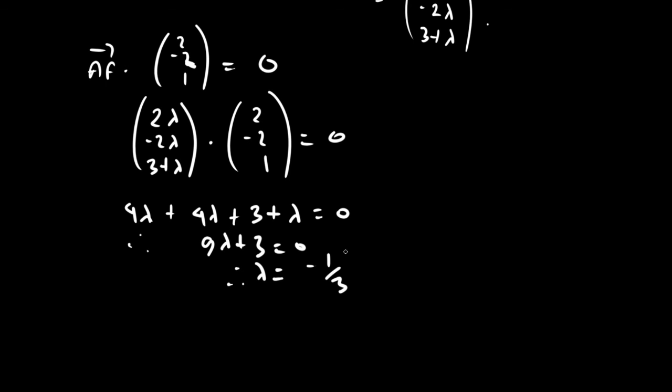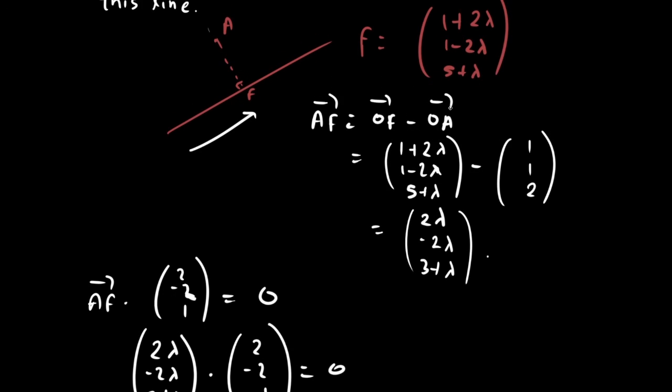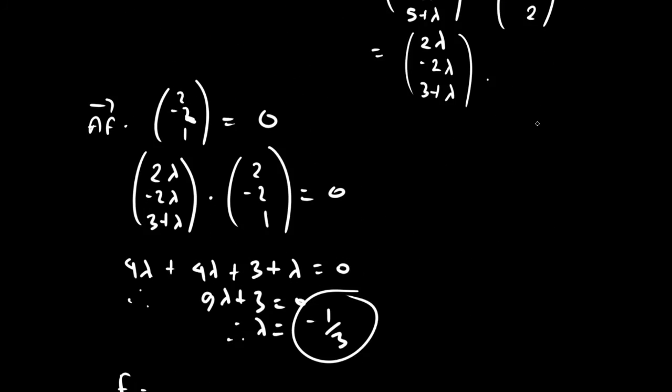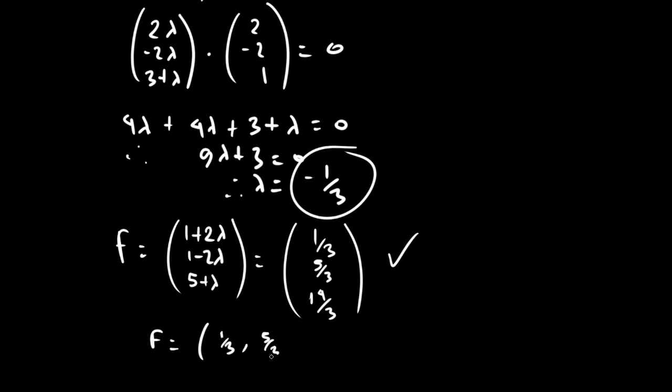Let's now plug this value of lambda into the coordinate of F, the position vector of F. So it's 1/3, 5 by 3, and 14 over 3. So the coordinate F, the foot of the perpendicular, is 1/3, 5 over 3, and 14 over 3.